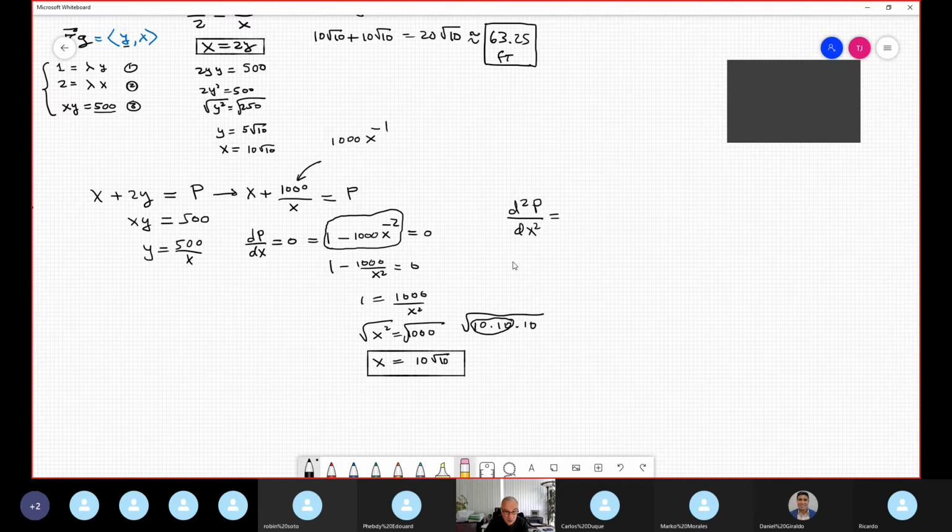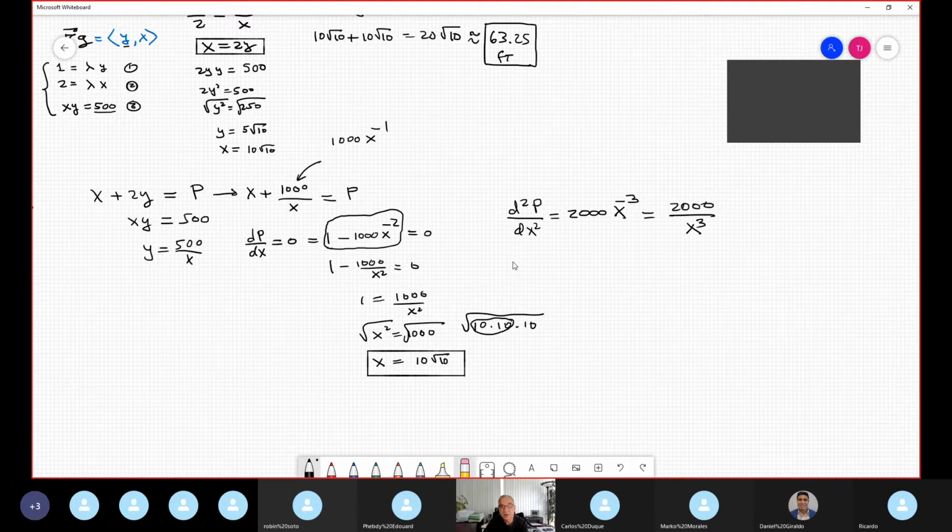This is negative 1000, a multiplier. You apply the power rule: minus 2 flies in the front, so it's 2000, positive because negative times negative. x to the minus 3, which is equivalent to 2000 over x cubed.